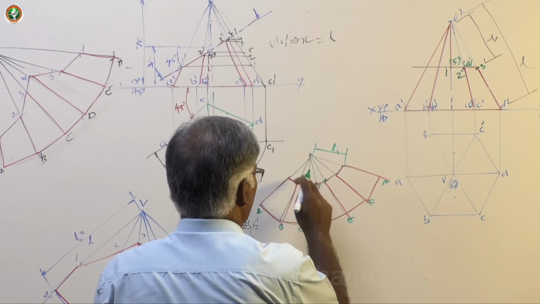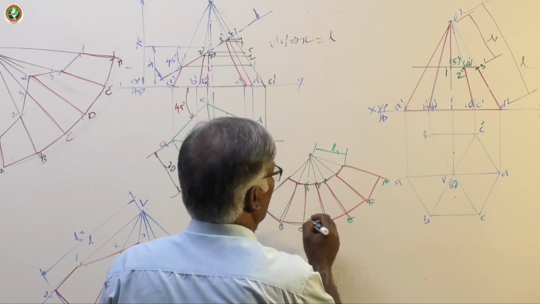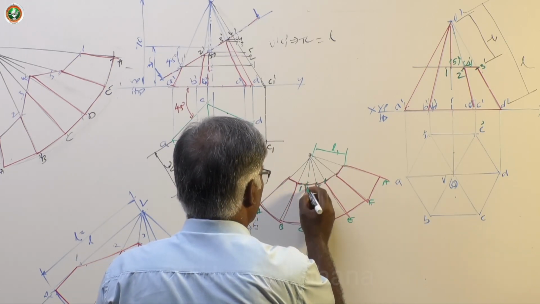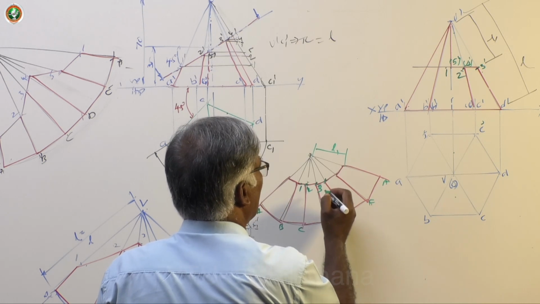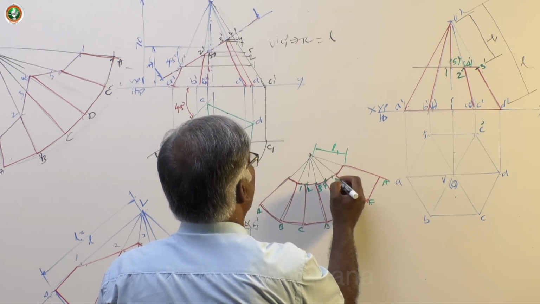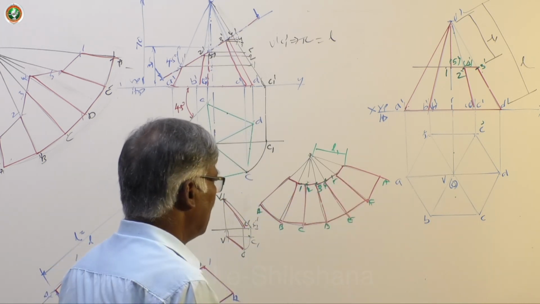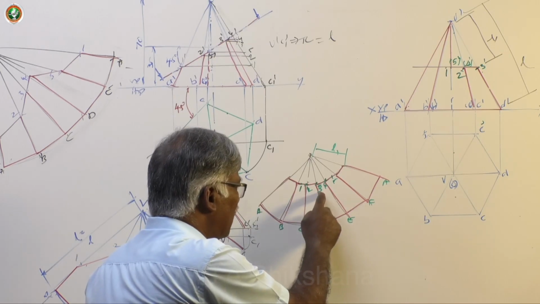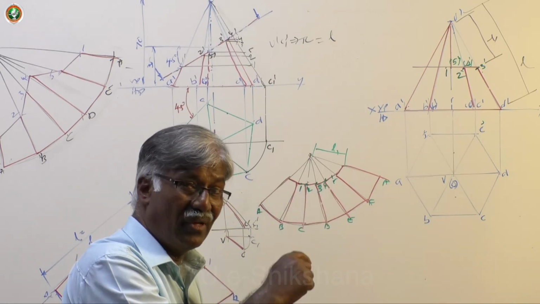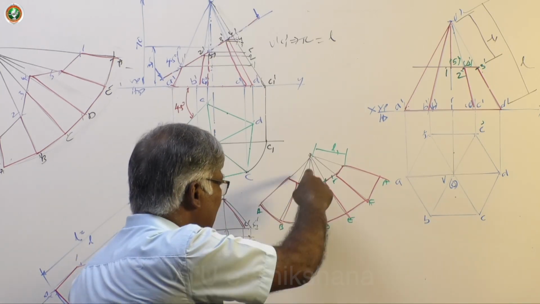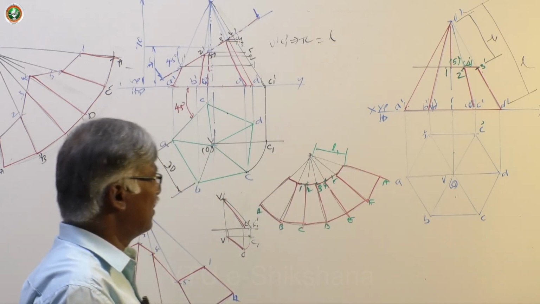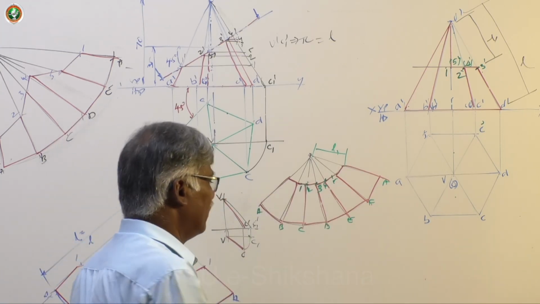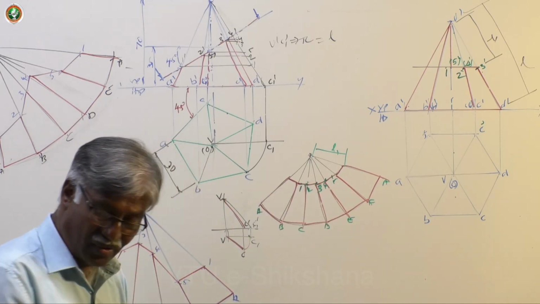This is 1, somewhere here you will get 1, this is 2, this one is 3, this is 4, somewhere you will get 5. So, I can identify 2, 3, 4 on the arc intersecting the edges, but how to mark 1 and 5? So, let us see how it works.